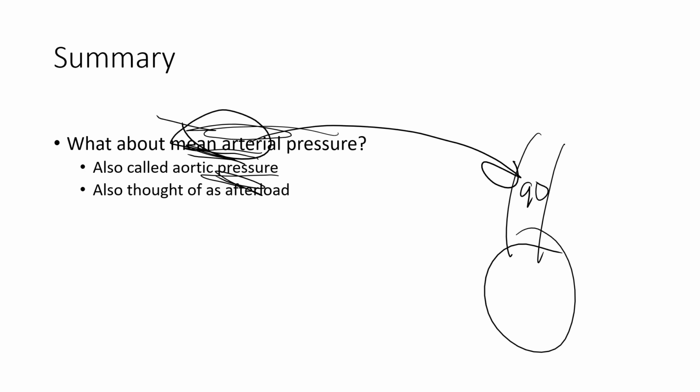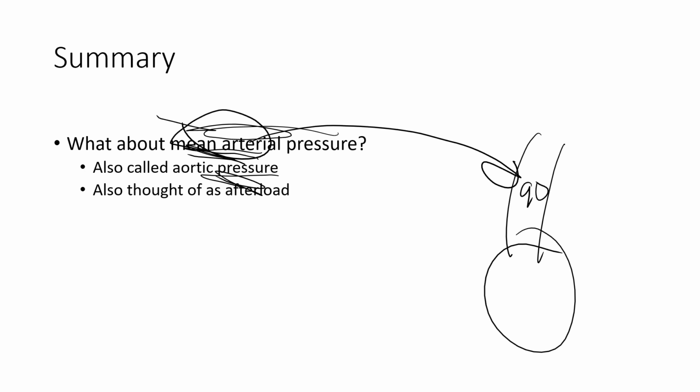So you say, what is afterload? Afterload is the pressure that the left ventricle has to pump against. And what's the pressure that the left ventricle has to pump against? It has to pump against the amount of pressure that exists in the aorta, which is an artery. So the left ventricle has to pump against what's called aortic pressure, the amount of blood pressure that exists within the aorta.